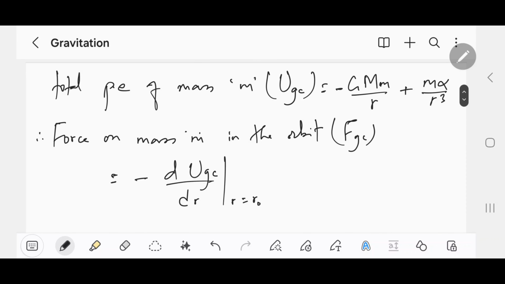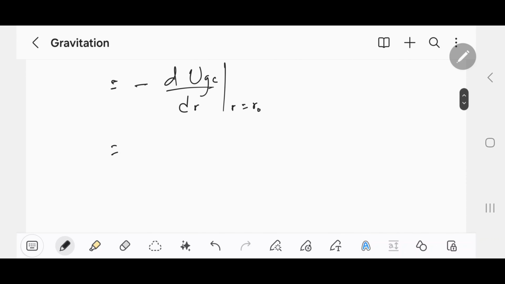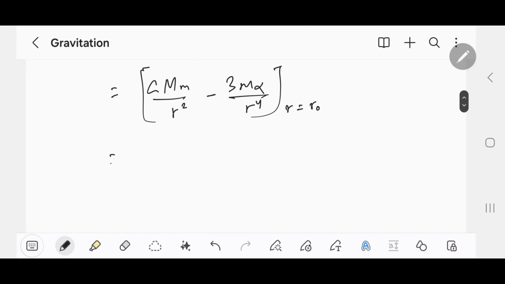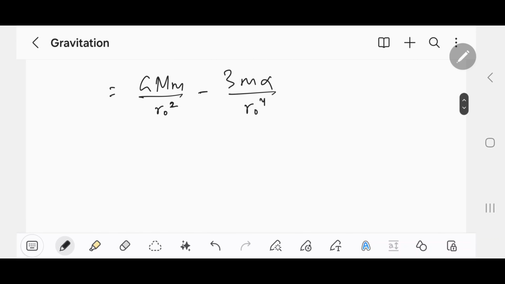At first, let's find the derivative of this expression. The negative derivative of minus GMm by r will be simply GMm by r square, and then minus 3m alpha by r power 4, where r equals r naught. So the new force will be GMm by r naught square minus 3m alpha by r naught power 4, right?